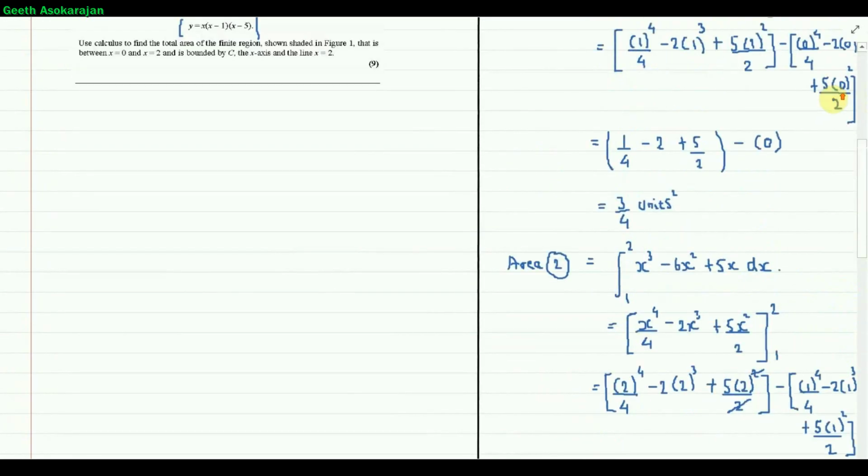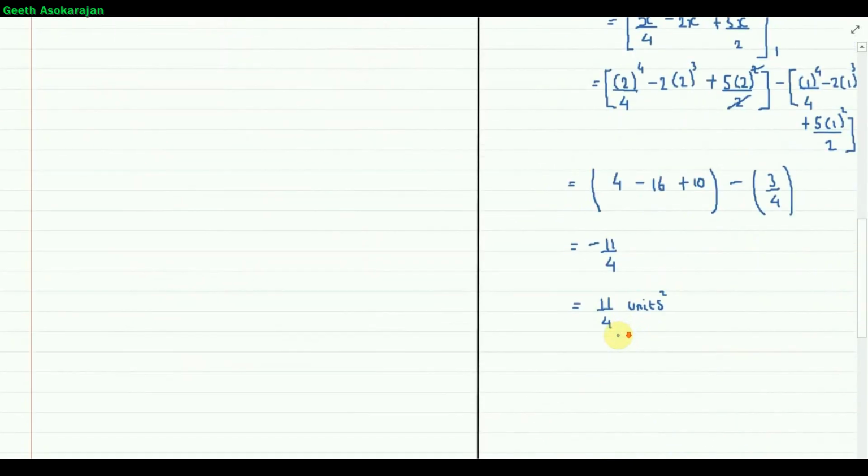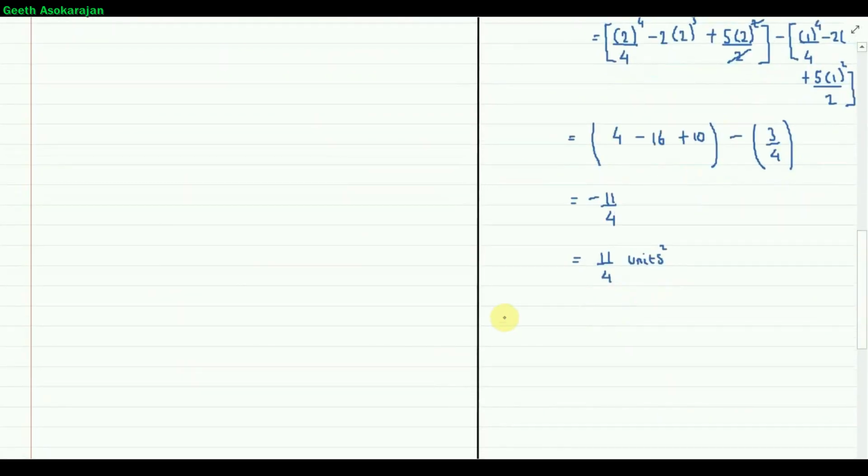Now going back to the question, we need the total area. So we need the total area, that is what is asked. So the total area means the area of 1 plus the area of 2. So let's continue. So I'm going to write an extra line, so therefore total area is equal to the area of 1 plus the area of 2.